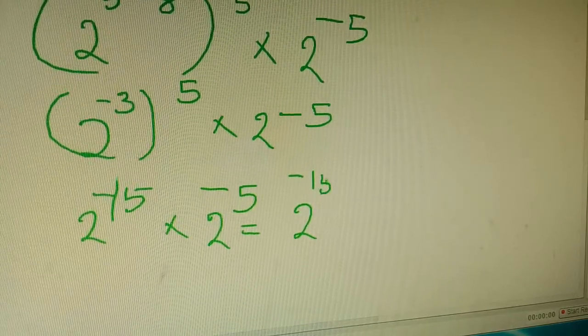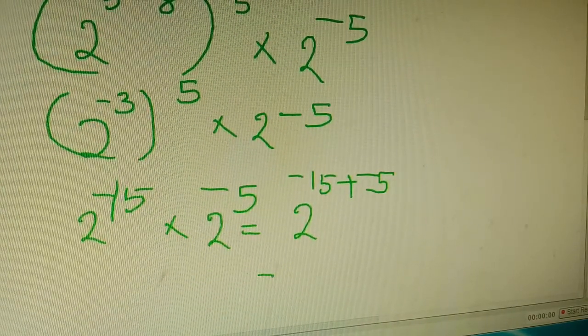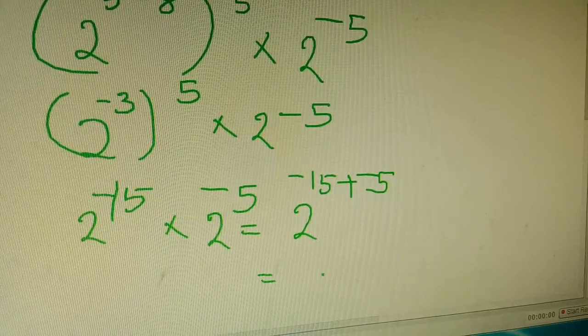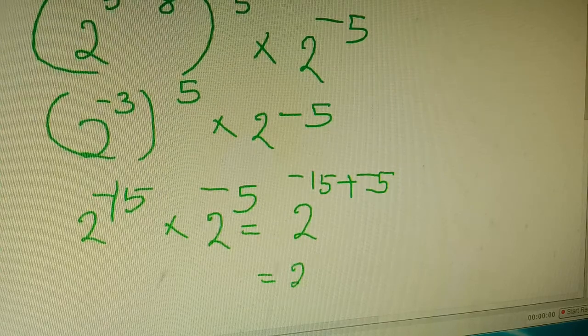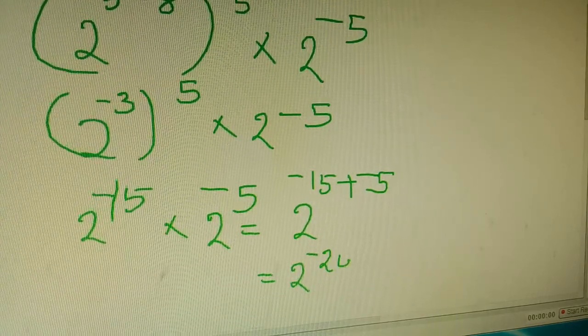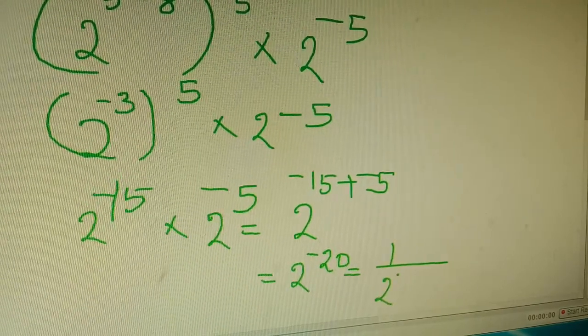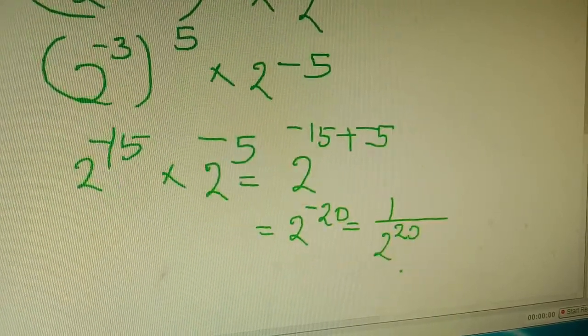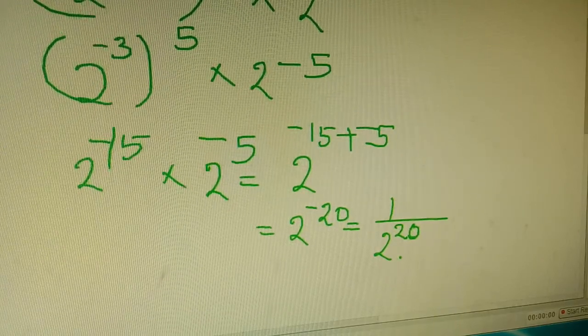So 2 to the power of negative 15 plus negative 5, that is 2 to the power of negative 20, or otherwise that is 1 by 2 to the power of 20. The two answers are same, 1 by 2 to the power of 20.